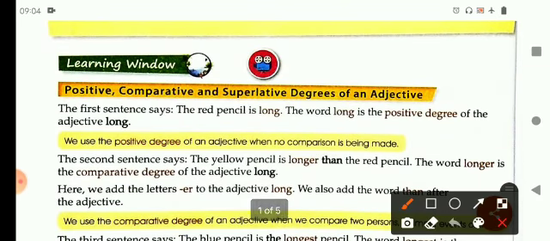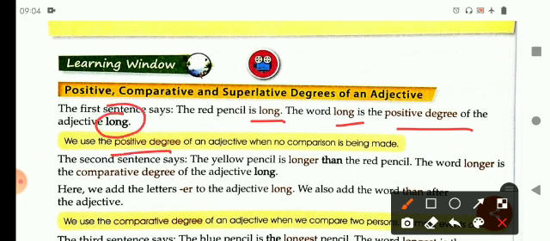Now, the first sentence says the red pencil is long, and the word long is the positive degree of the adjective long. And we use this positive degree of an adjective when no comparison is being made. And sentence number 2 says the yellow pencil is longer than the red pencil.